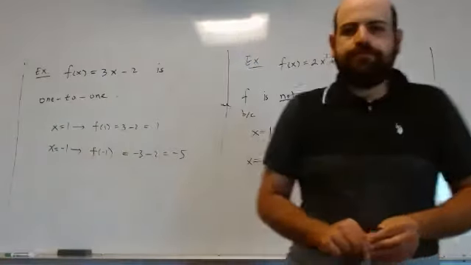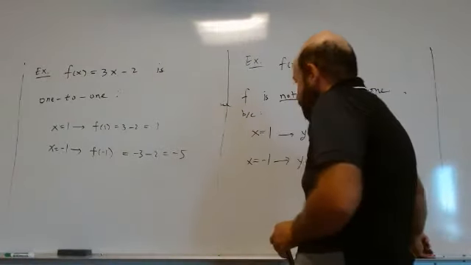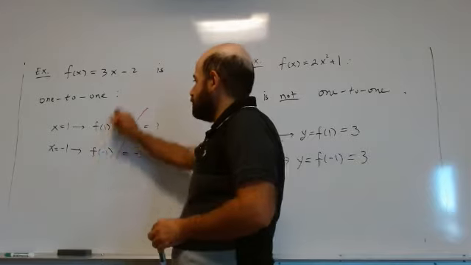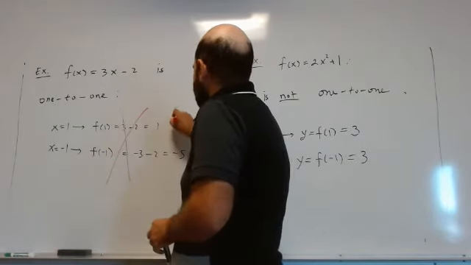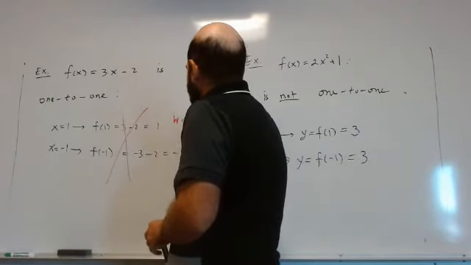Is this a correct way to prove that the function is 1-to-1? The answer is no, this is not correct. So this is a wrong solution. Why is it wrong?